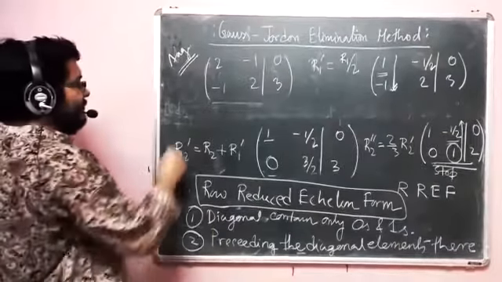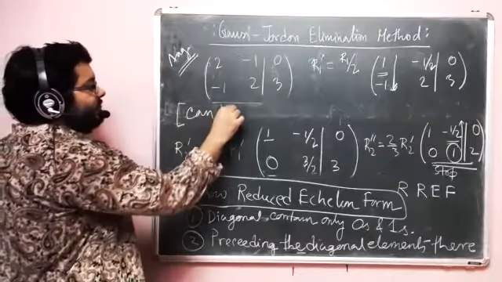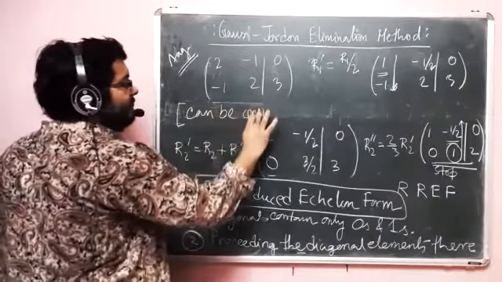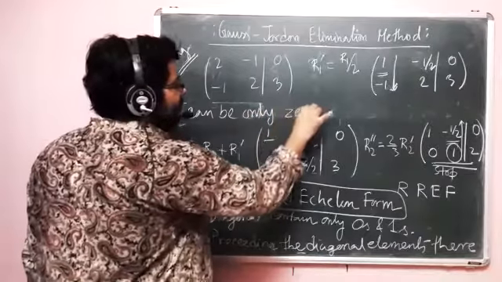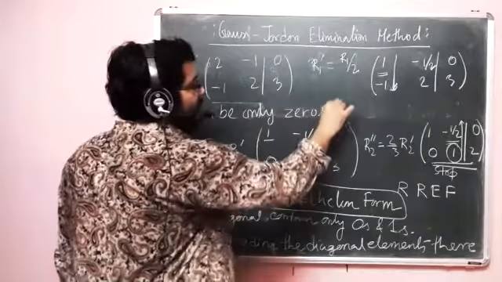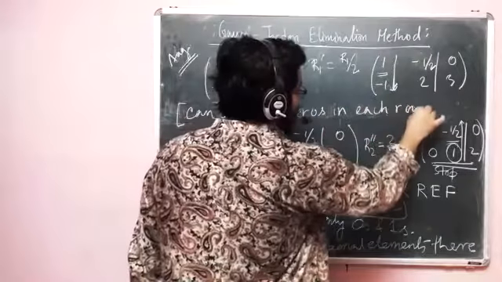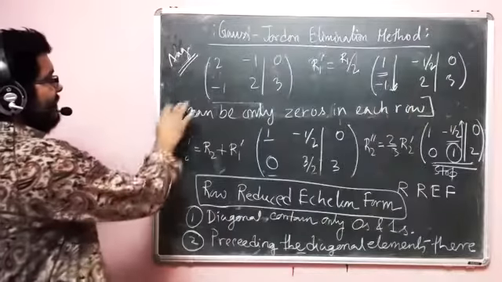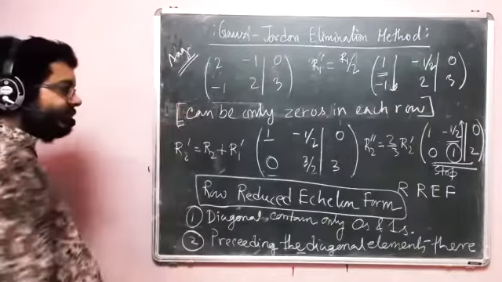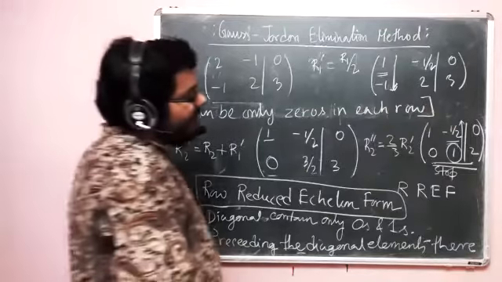Let me write it here. So there can be only zeros in each row. So what I'm saying is that if I travel row wise, then diagonal will contain only zeros and ones.